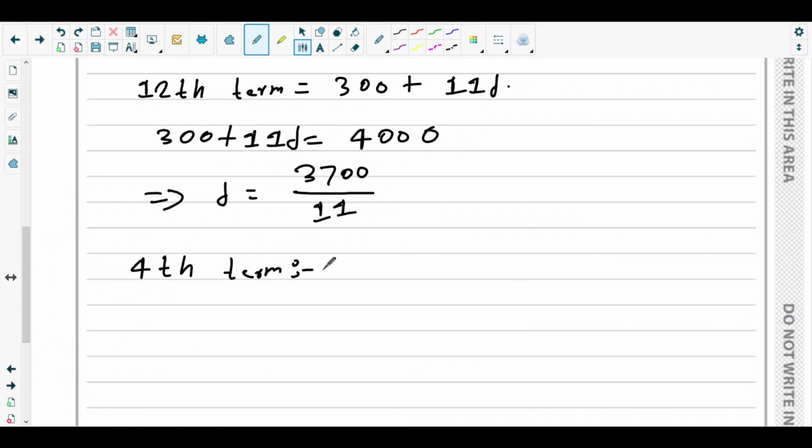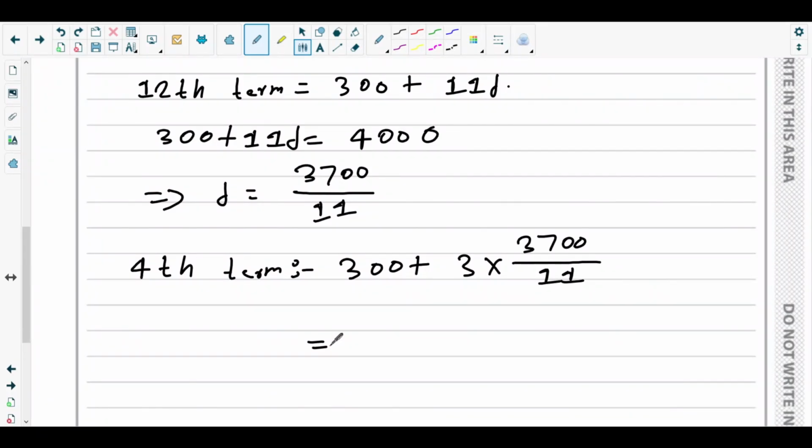So the 4th term is 300 plus n minus 1, that is 4 minus 1, this is 3 times d, 3,700 over 11. So how much is this? This will give you 3 times 3,700 over 11 plus 300.